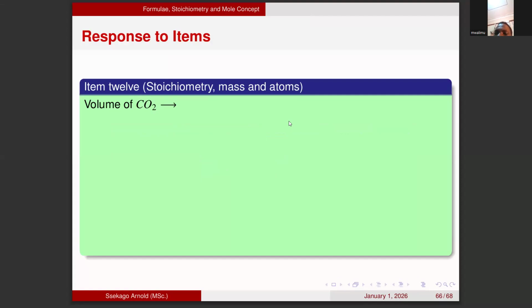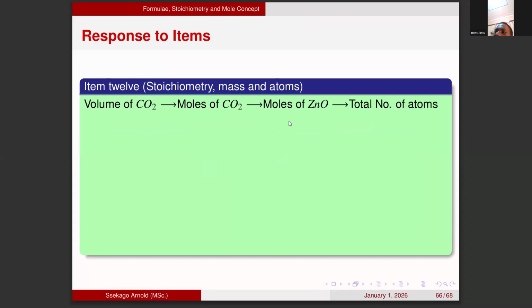Recall that they want the number of atoms present in zinc oxide. We shall convert the volume to obtain moles of carbon dioxide, use the given equation to find moles of zinc oxide, and then use moles of zinc oxide to find the total number of atoms present in zinc oxide.